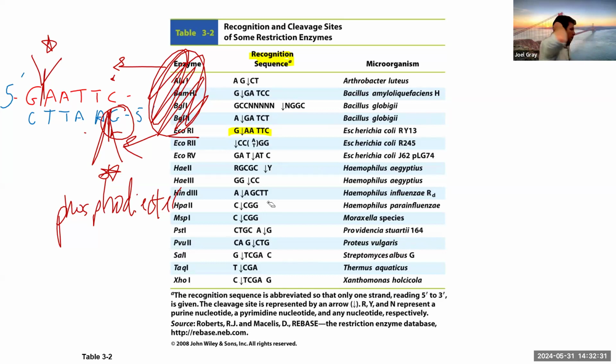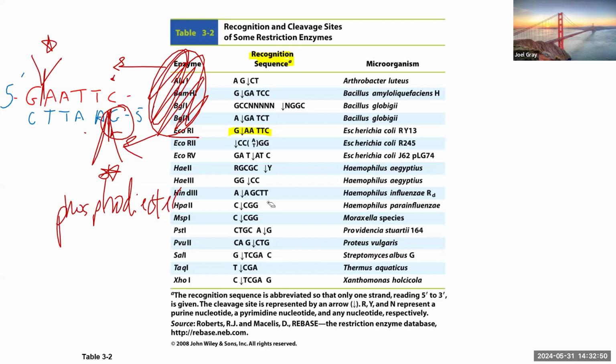Now, I bring all this up because these cut pieces of double-stranded DNA were or are kind of a defense mechanism. A bacteria has this defense mechanism.